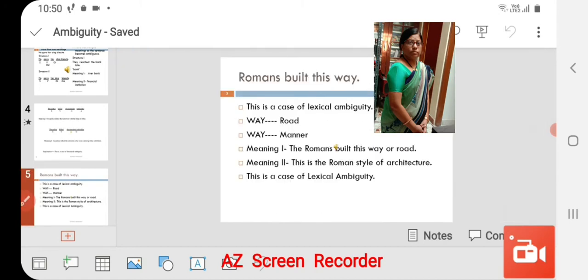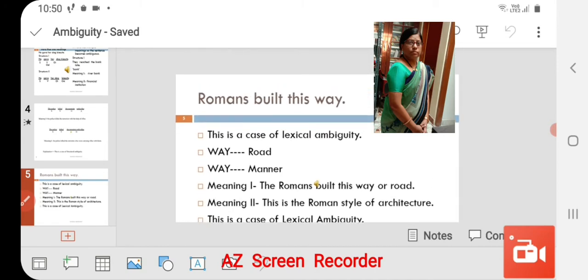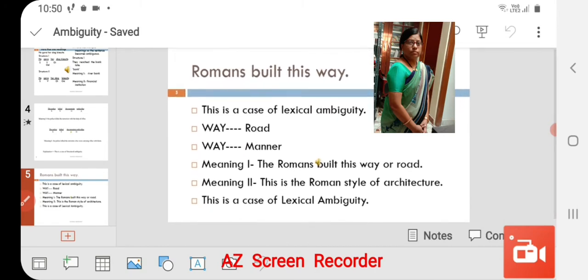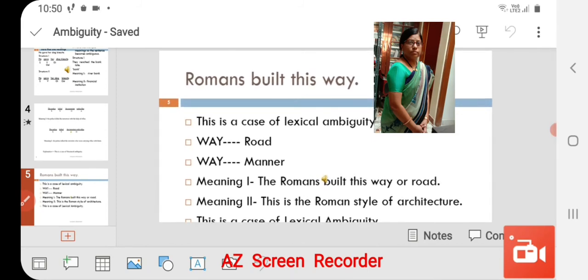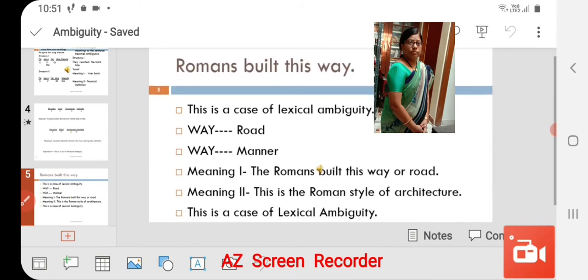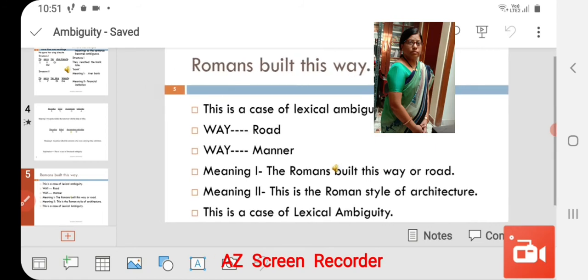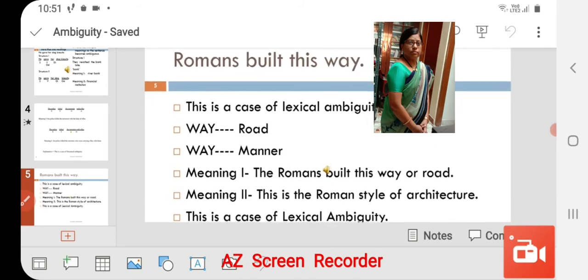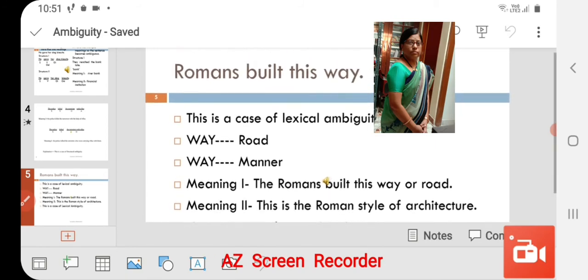Now let us talk about lexical ambiguity. For example, with the help of this example, Romans built this way. Suppose the sentence is Romans built this way. आता हे रोमन म्हणजे कोण? रोमन लोक.